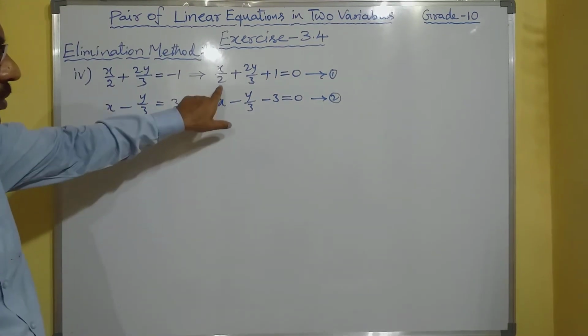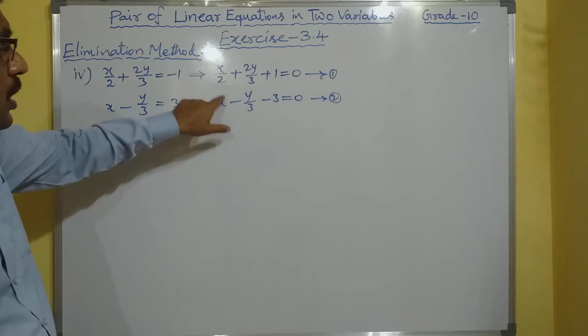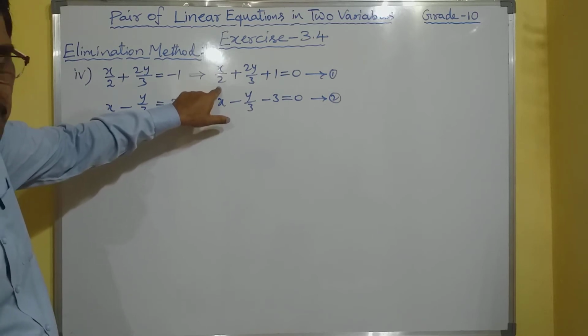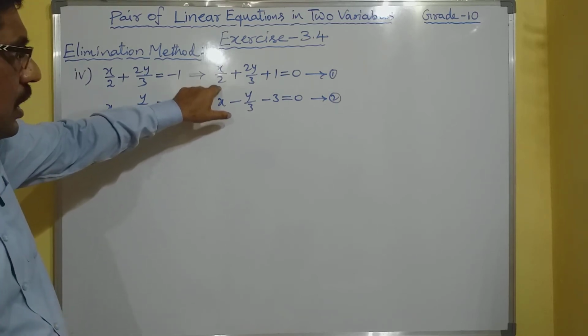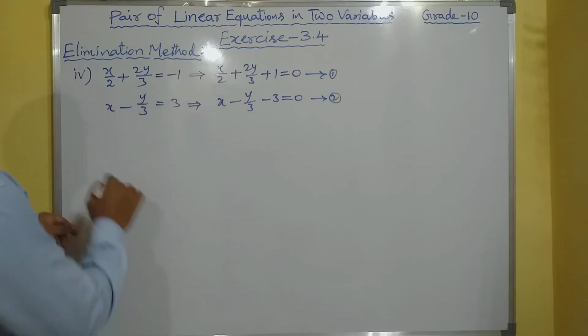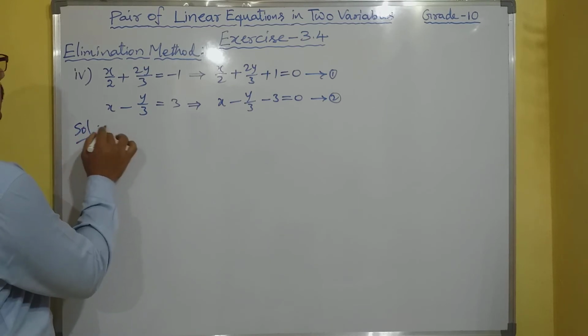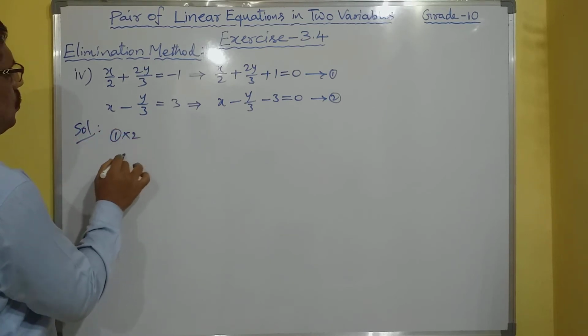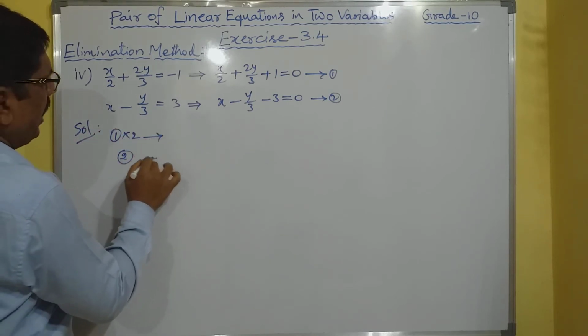Okay, here you look at this. x by 2 and x. Here there is by 2. If you multiply with 2, you will get x. Then the coefficients of x will be equal for the two equations. So, let us multiply the first equation with 2 and take the second equation as it is.